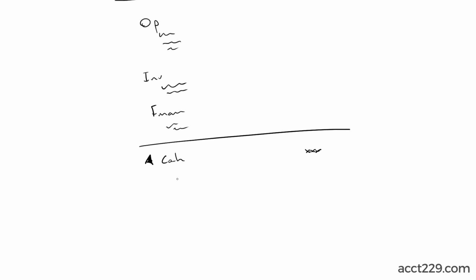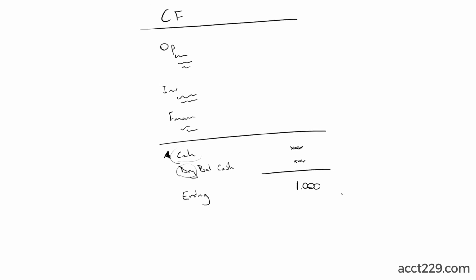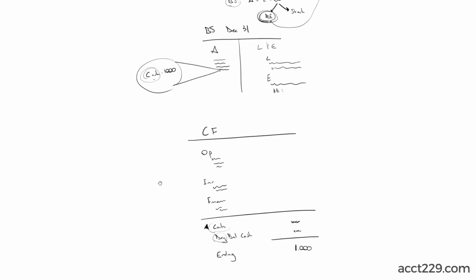And do you remember the change in cash plus the beginning balance of cash? Well, if we have the beginning balance plus the change over the year, that should give us the ending balance. That should give us the ending balance, which should tie back to your balance sheet.